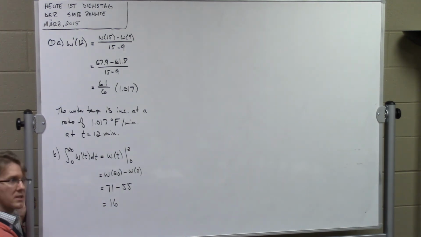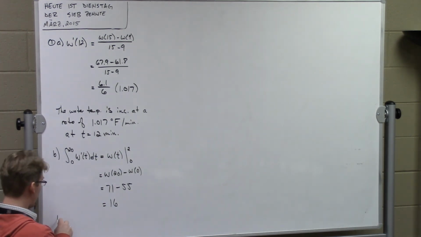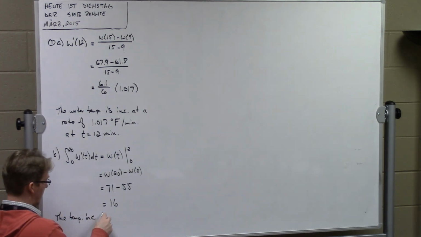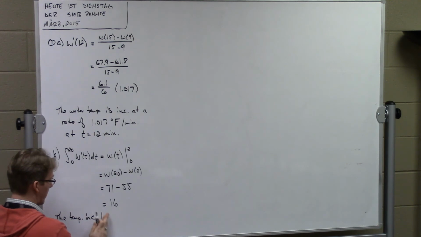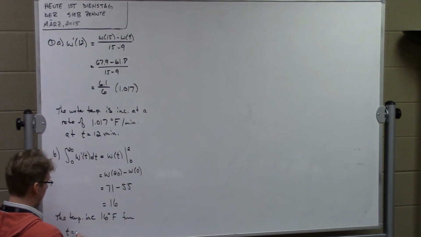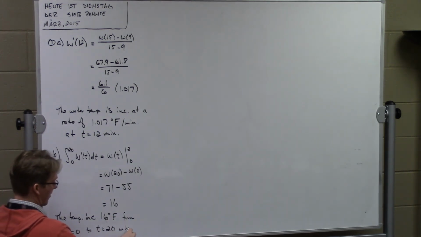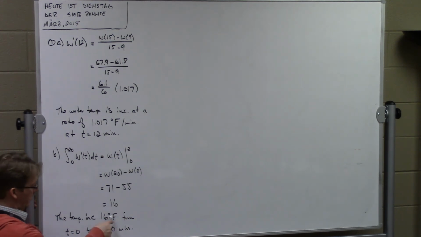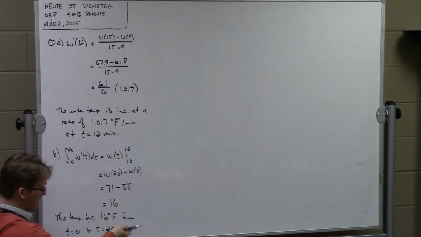So, the temperature increased 16 degrees Fahrenheit from time t equals 0 to t equals 20 minutes. I've mentioned the word increasing to show that I know the positive answer means this. Units: Fahrenheit, minutes, the number itself.